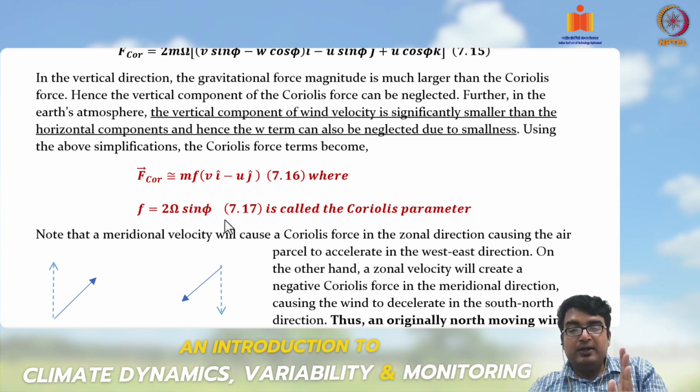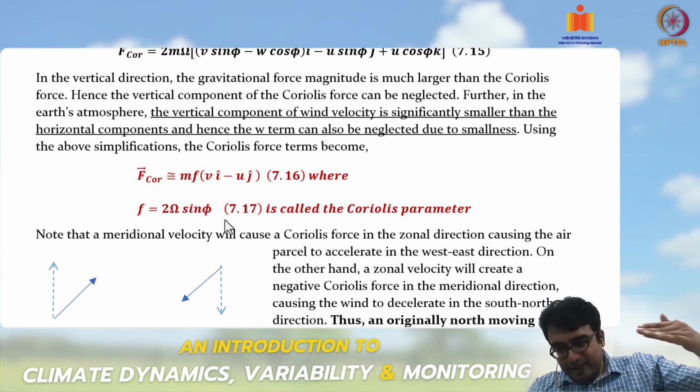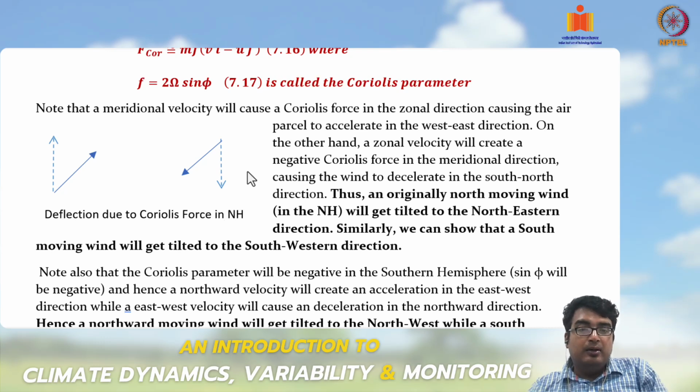So, in the southern hemisphere, any wind moving like this will be drifting not eastwards but westwards, and any wind moving this direction will have a positive Coriolis force in the northward direction, and so it will be drifting northwards. Okay. So, that is very important. So, here is the deflection due to Coriolis force in the northern hemisphere: northward moving wind drifting eastwards, southward moving wind drifting westwards. Similarly, eastward moving wind drifting southwards, westward moving wind drifting northwards, and the reverse case in the southern hemisphere. Okay.